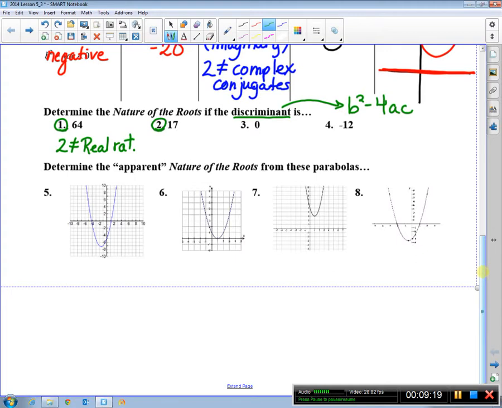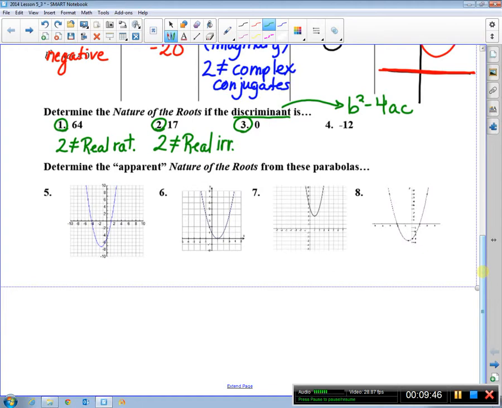What if our discriminant is 17? Look up at the chart and describe the roots. If you said 2 unequal, real, irrational, you are correct. Number 3.